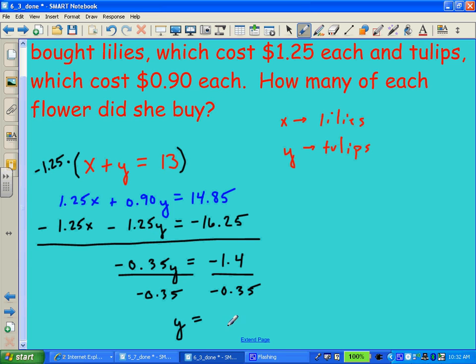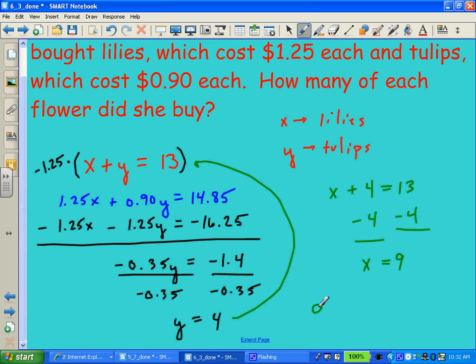I think that comes out to be 4. That means she bought 4 tulips, and then I plug that back into one of my original equations. So I'd have x plus 4 equals 13, and I'd figure out that she bought 9 lilies. So my answer would be 9 lilies, 4 tulips.